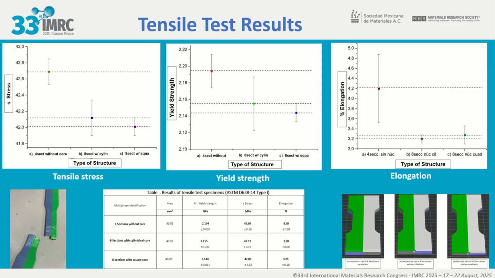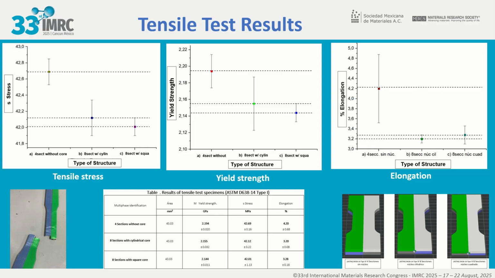Thus, the table is made up of the values and their average of each tension test. The graphs show the results of the tension test performed on the three types of structures: the simple multiphase sample, the multiphase with cylindrical core, and the multiphase with square core.